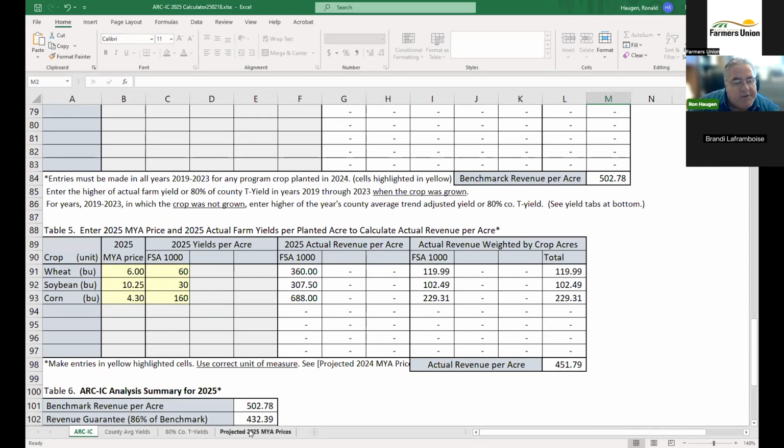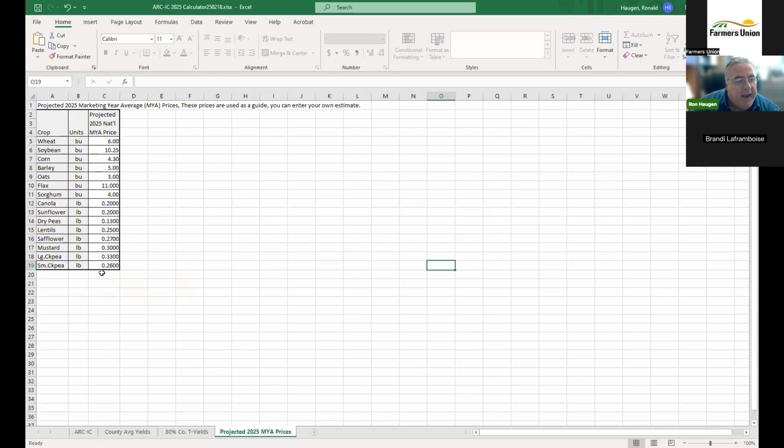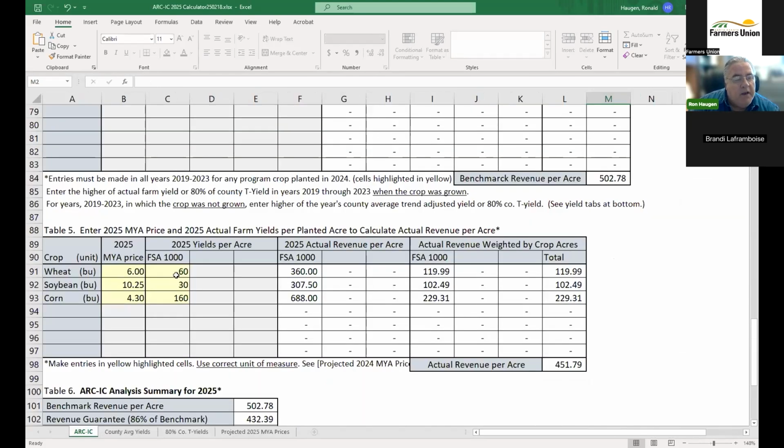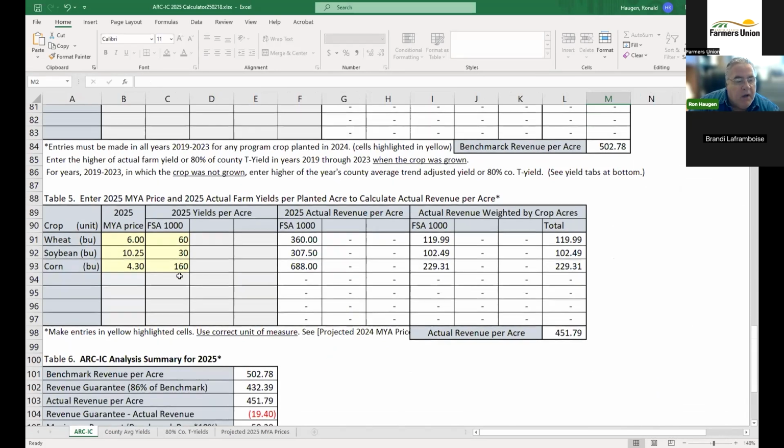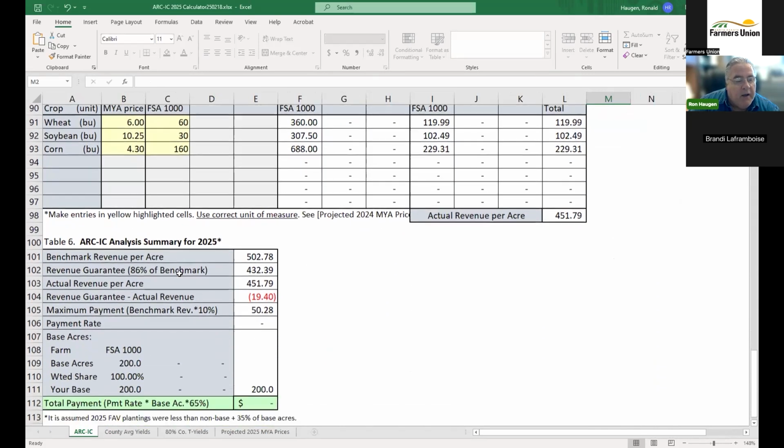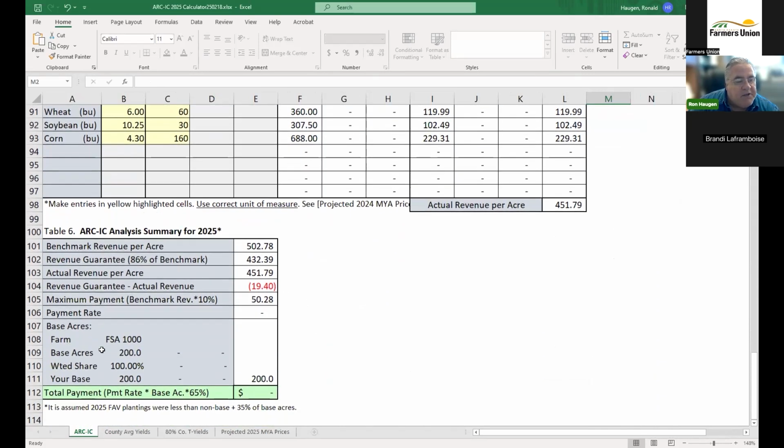I have some suggestions on this back tab, but you don't have to use them. And then the big question is what is your yield going to be? All you can really do is put in average. How would you know if it's going to be a drought or not? Based on this, table 6 shows you that there is no payment on ARC-IC.